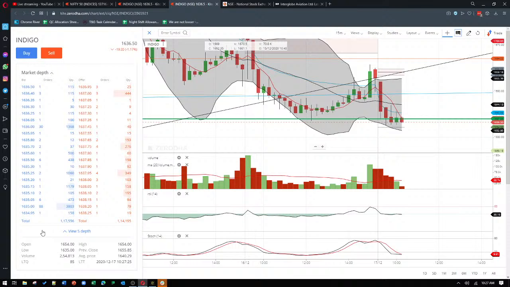In 3 minutes this candle will also close. The thing is, the sellers are not willing to come and give away at the cheaper price. That's the only thing dragging. See, now you see 1635, 87 orders with 3700.